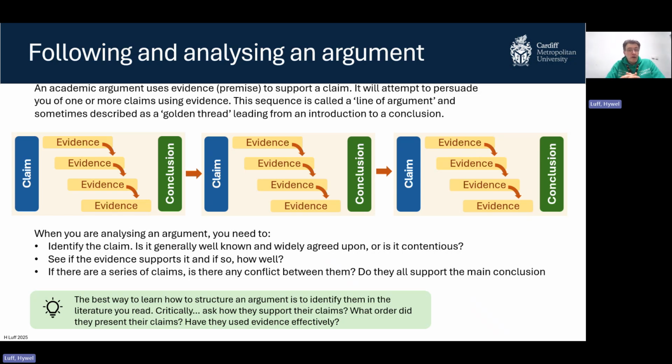Or could you interpret some of them as not agreeing? Yeah, because there's evidence, but there's also interpretation. You can have an alternative interpretation of evidence, and that might lead to a different conclusion. So you might find some conflict between that.